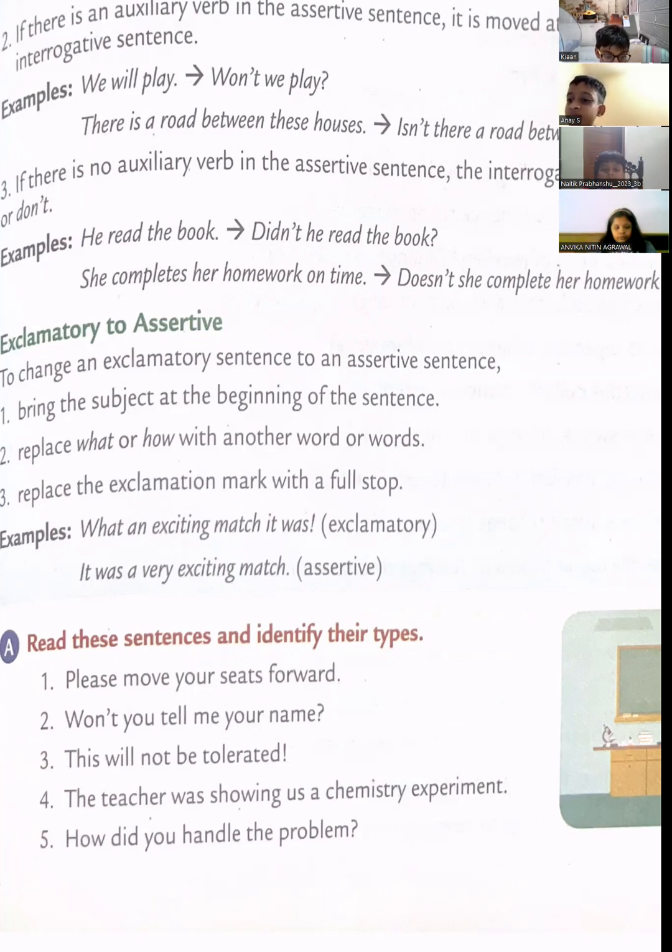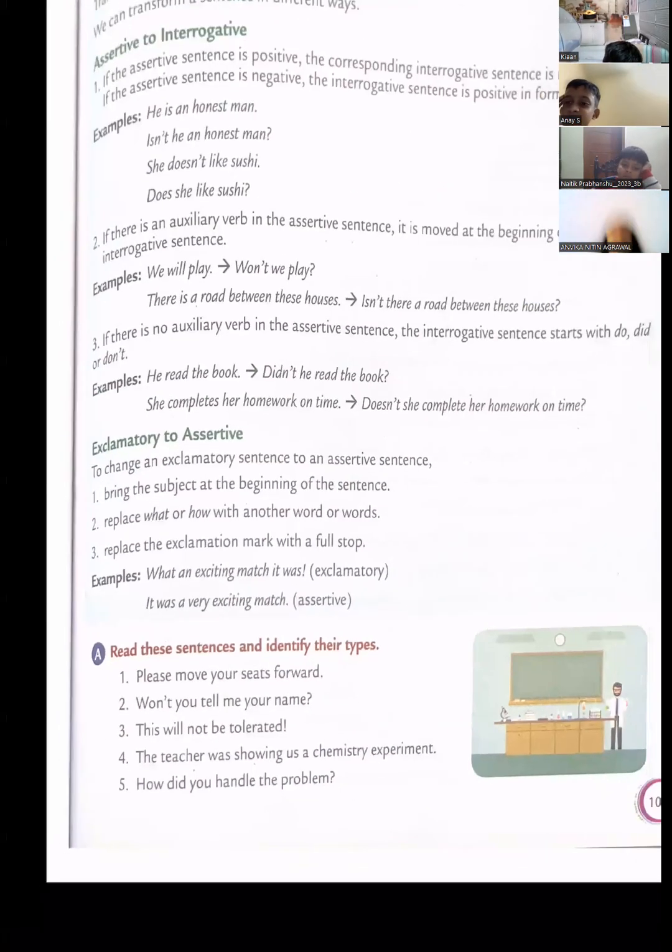Why does it seem imperative? Ma'am, because it is ordering you. No, but it is not starting with a verb, so it's not imperative. It's going to be exclamatory. Sort of. How many of you agree? Just because ma'am is saying it doesn't mean it's necessarily true. You have to use your brain because I'm also learning with you.